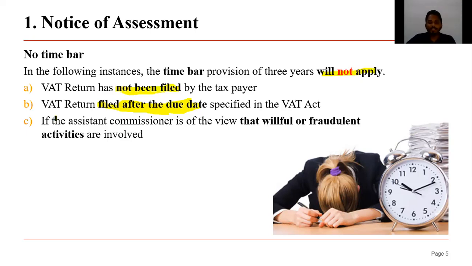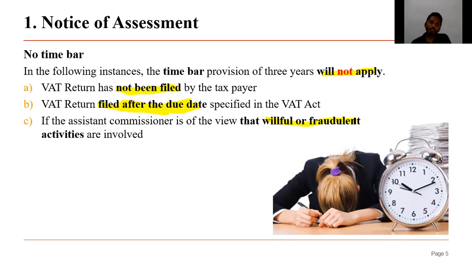Then the third point is that the assistant commissioner is of the view that there is willful or fraudulent activity. If you willfully declare less turnover, because you need to declare a lower amount in order to gain, let's say you have 1 billion revenue and you declare only 500 million.